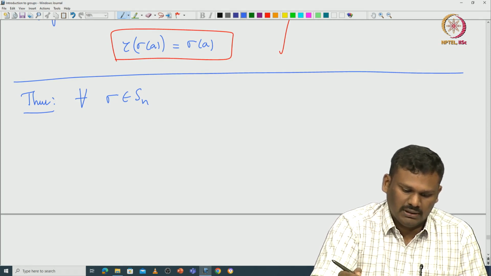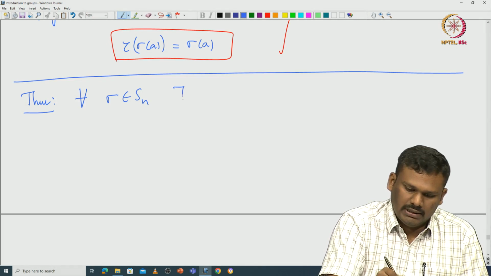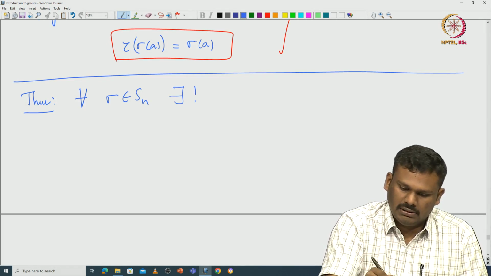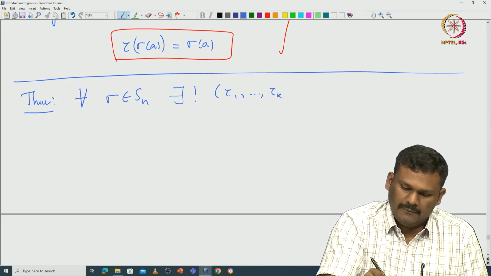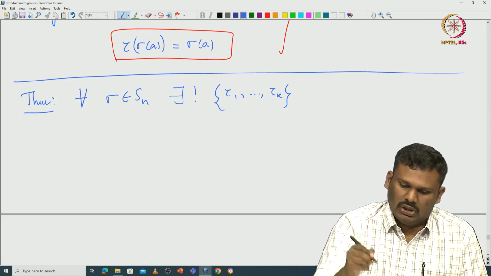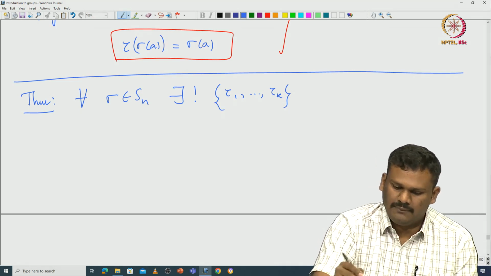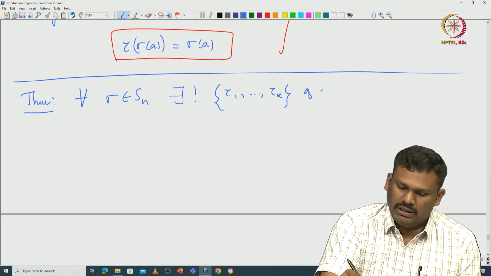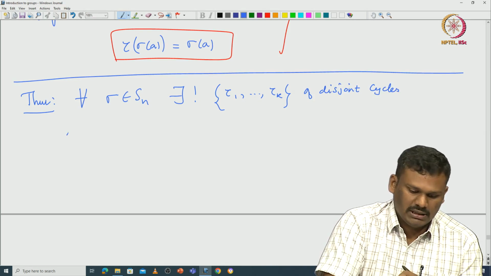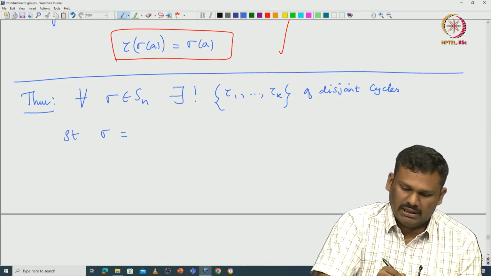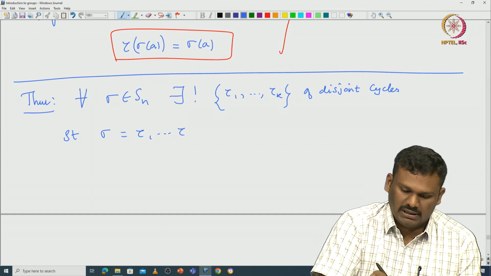The order is not important, so I can put this collection tau 1 etc. tau k of disjoint cycles such that sigma can be written as the product tau 1 etc. tau k.